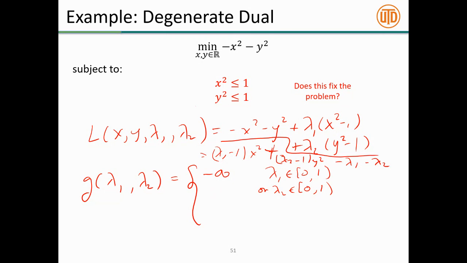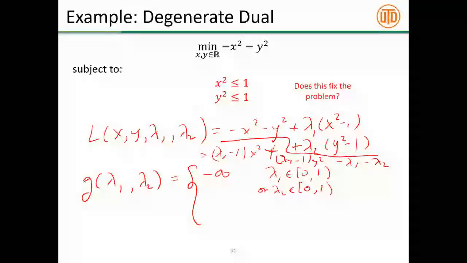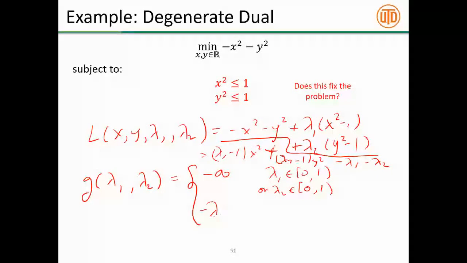If lambda 1 minus 1 is greater than or equal to 0, and lambda 2 minus 1 is greater than or equal to 0, then this is a convex function. But it's just a quadratic, and in fact, its minimum is attained when x squared is equal to 0 or y squared is equal to 0. So in the case where lambda 1 is greater than or equal to 1 and lambda 2 is greater than or equal to 1, the solution is just minus lambda 1 minus lambda 2.